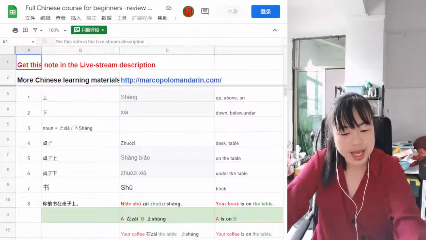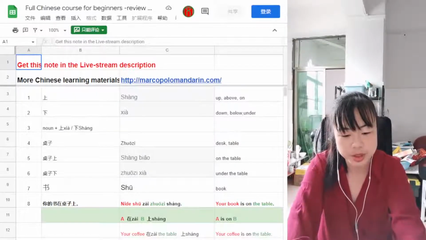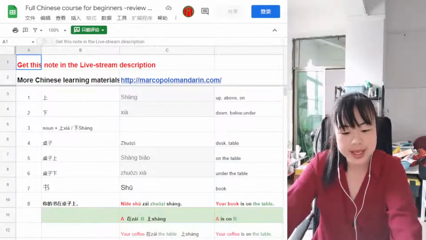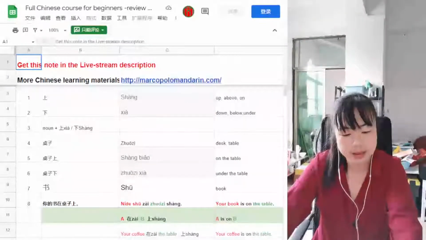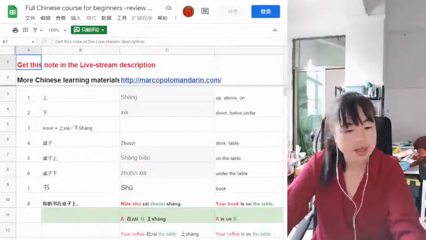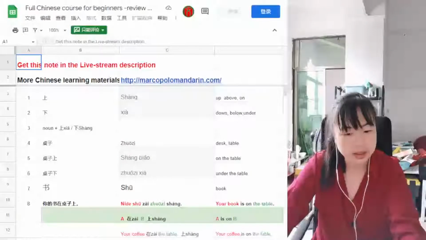So A 在 B, we just changed the 上 with 下. A 在 B 下 means A is under B.